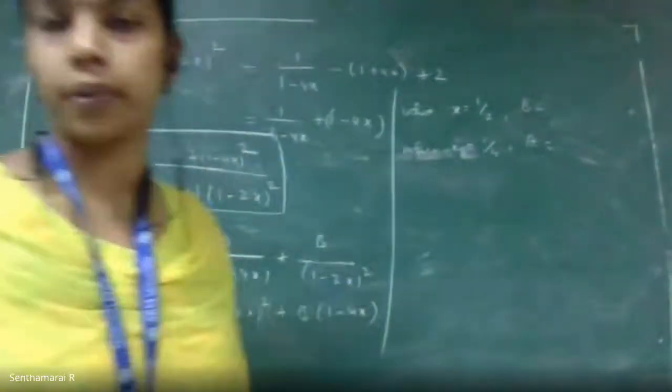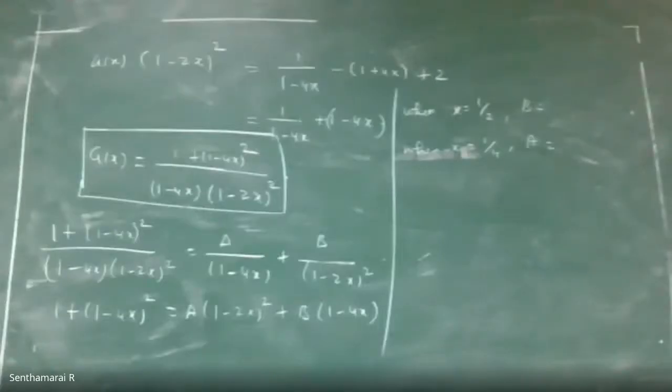So how long time you are taking that? What is A? A is equal to 16 by 9, I'm getting. B is equal to 1, I'm getting. A equal to 4, B equal to minus 2, I got. Shall I proceed?